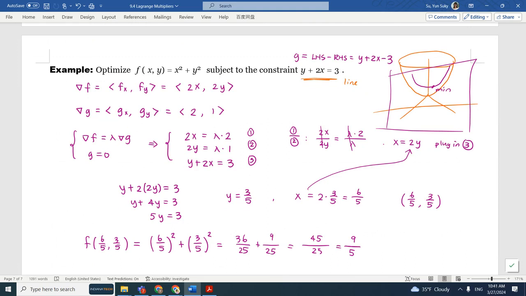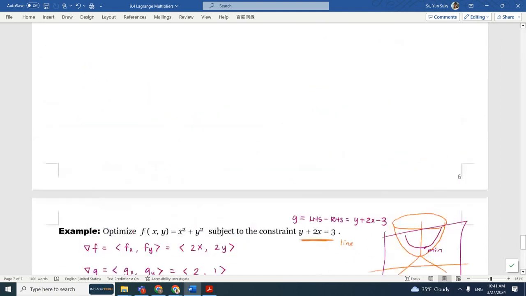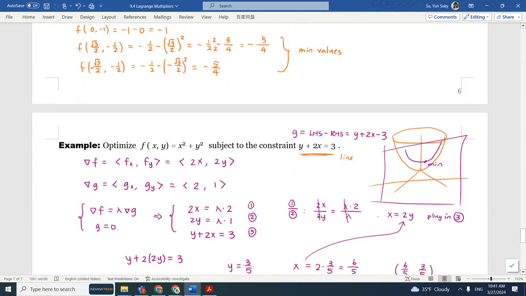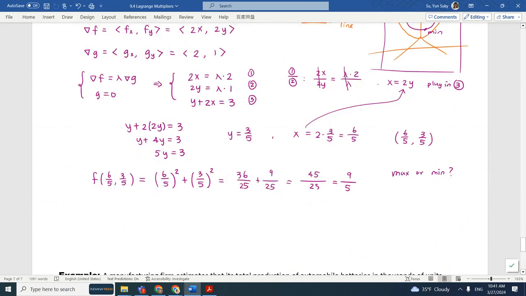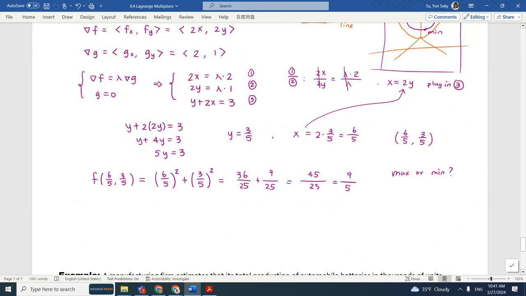But how do we know it's max or min? From the picture, it probably is the min. But to confirm that, unlike the previous examples where you have multiple solutions, you can plug in f and see whether it's positive or negative to determine whether it's a max or min.